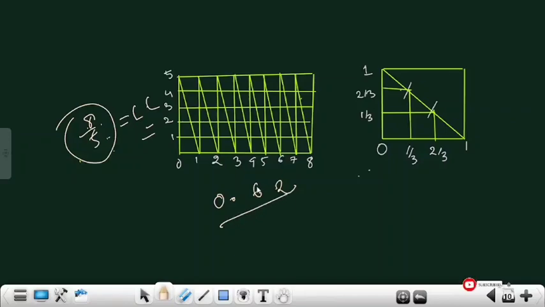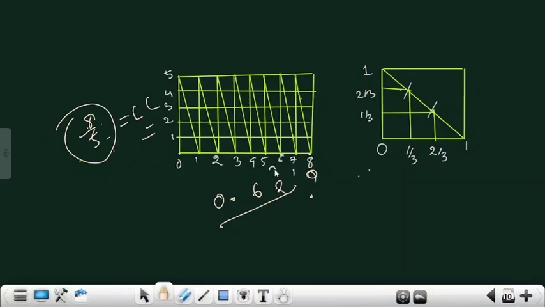So when we measure 0.62, how do we measure it? This is 0 and this is 6, this is 0.6 and this is 2. We can measure from this line too.